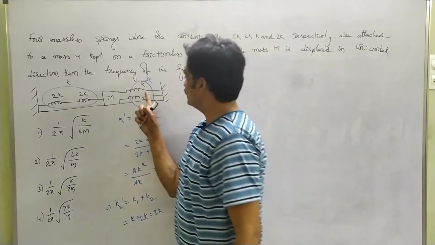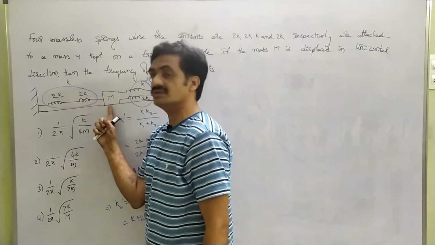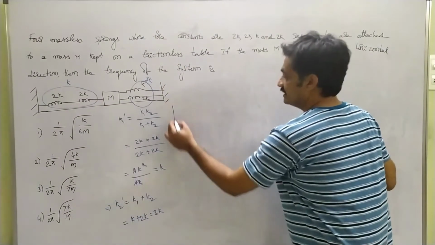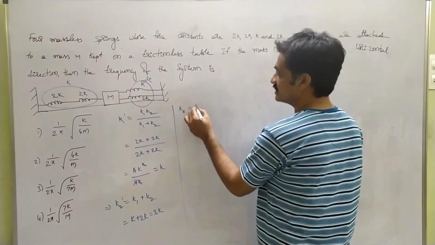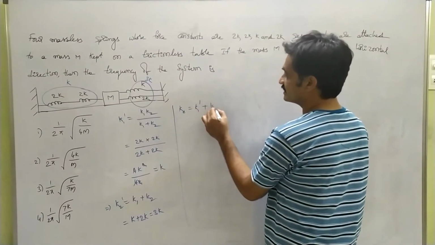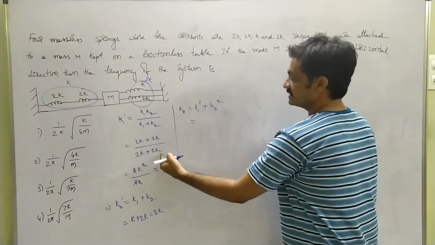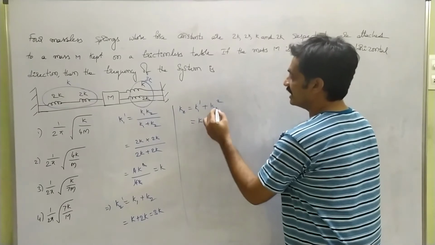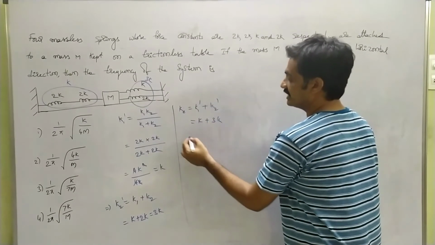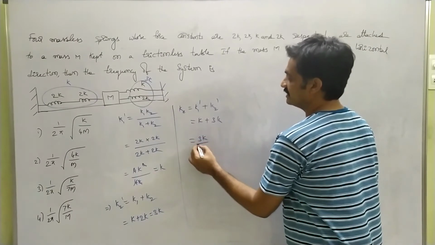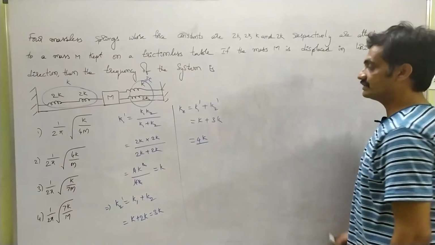Observe that this combination as well as this combination are parallel to this mass m, then the resultant is represented as k effective equals k1 dash plus k2 dash. Observe that k1 dash is k and k2 dash is 3k. So here we get an equivalent force constant of 4k.